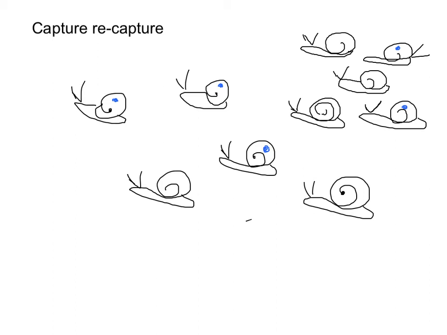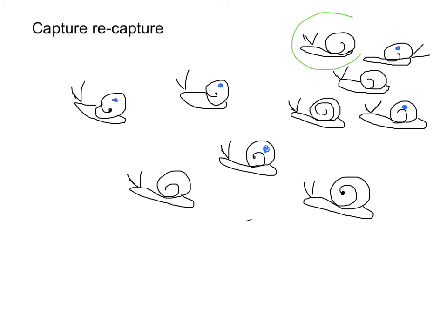When the snails are given a chance to reintegrate in with the population, you come back and take a second sample of the population. Now, the next time you come along to take this sample, it might be that you don't get the exact same individuals as you got before.